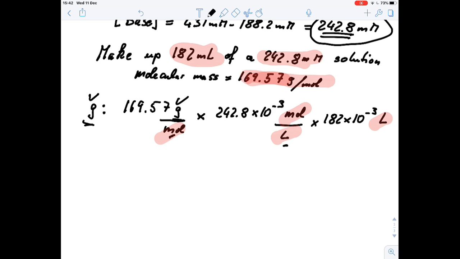I give you a minute or so and just simply try to do it and see what you get. Post roughly how much base we need if you do this calculation. So base, what do you get? Get your calculator out.